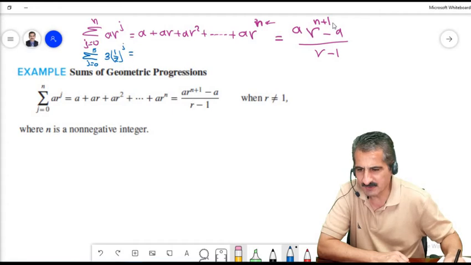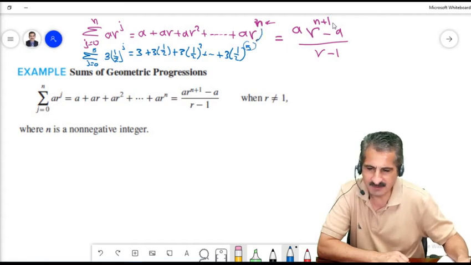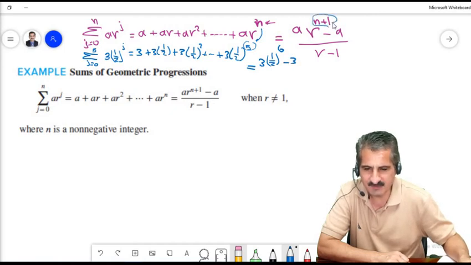So we will get 3 plus 3 times 1/2 plus 3 times 1/2 squared, and then we keep going all the way to 1/2 to the power 5. This is n. And this summation equals a, which is 3, times r, which is 1/2, to the power 6, this is n plus 1, minus a, which is 3, over r minus 1, which is 1/2 minus 1.